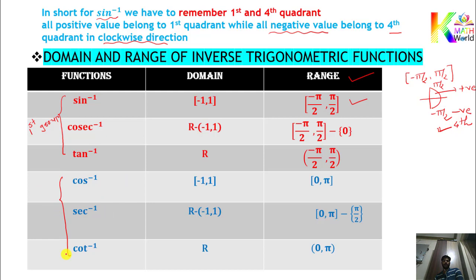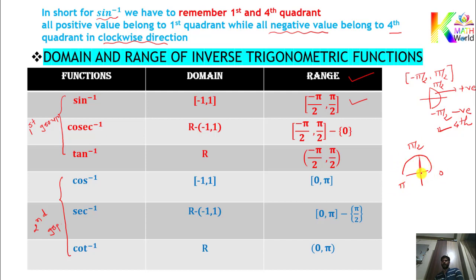Similarly, this is your second group. In this second group you get 0 to pi, that is 0, pi by 2 and pi.